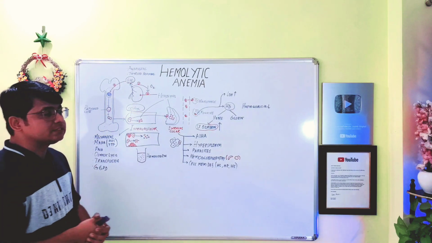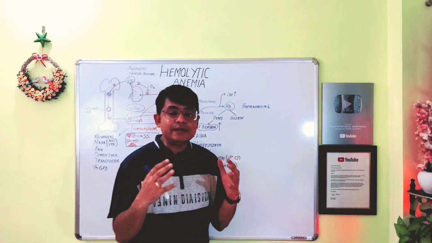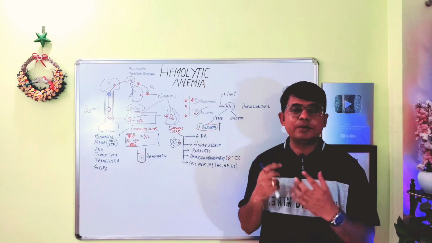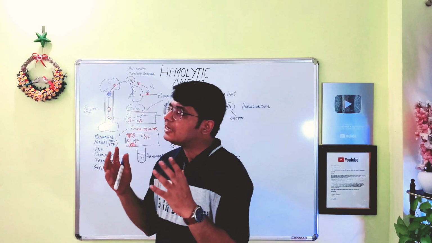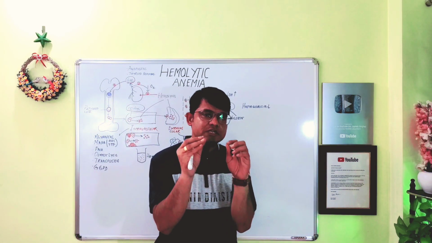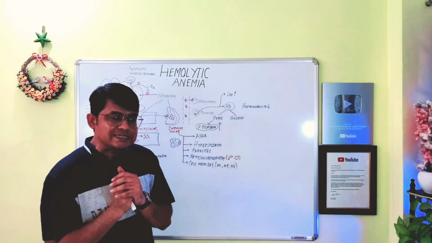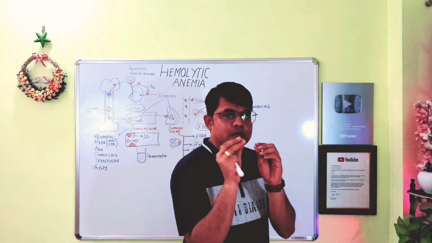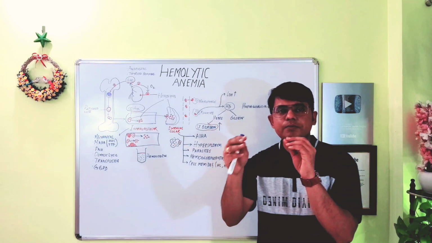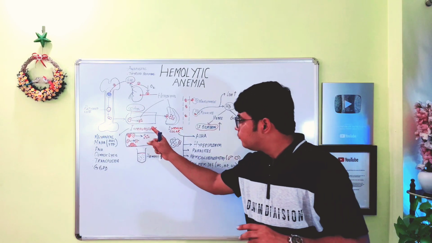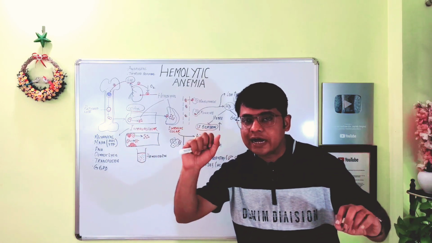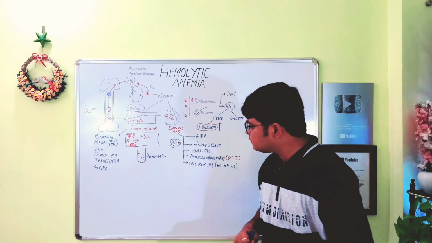The next cause is MAHA, or microangiopathic hemolytic anemia. Now what is microangiopathic hemolytic anemia? In microangiopathic hemolytic anemia, in the small circulation, in very small vessels, there is formation of some thrombus, some fibrin deposits, and that thrombus or fibrin deposit usually narrows the diameter of the small vessels.